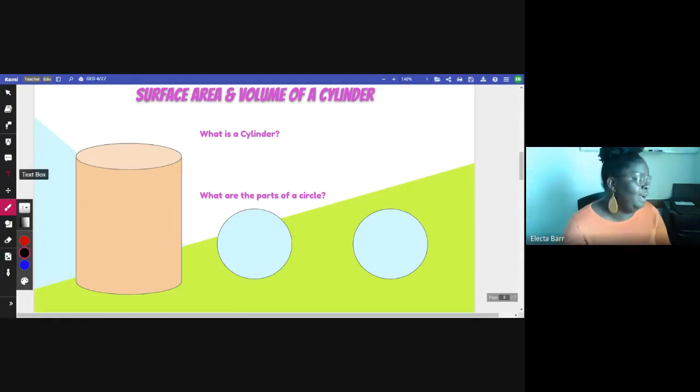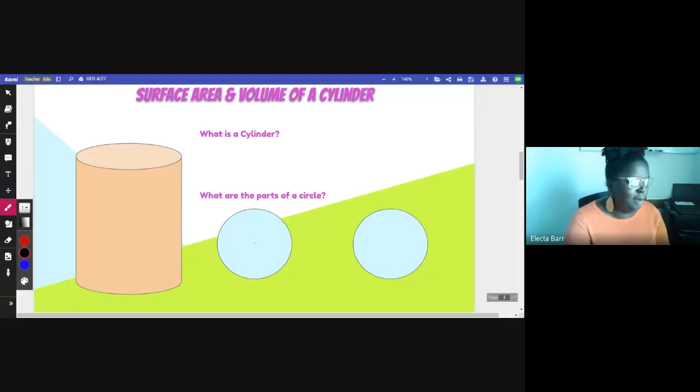So when we look at a circle, I've got these two blue circles here. A few things we want to notice: a circle doesn't have any corners or edges, right? It's round. But what it does have is what we call a center. A center is literally exactly what it says.